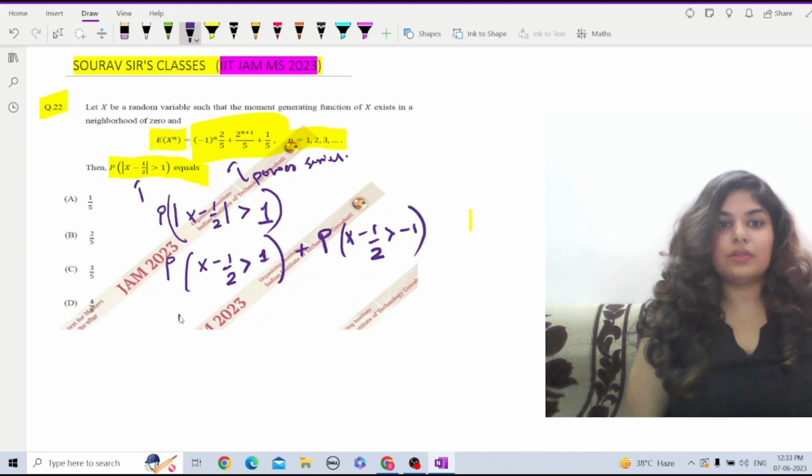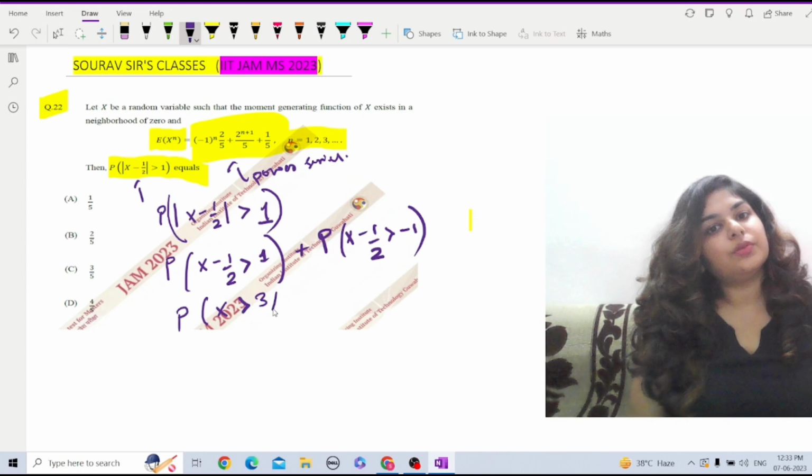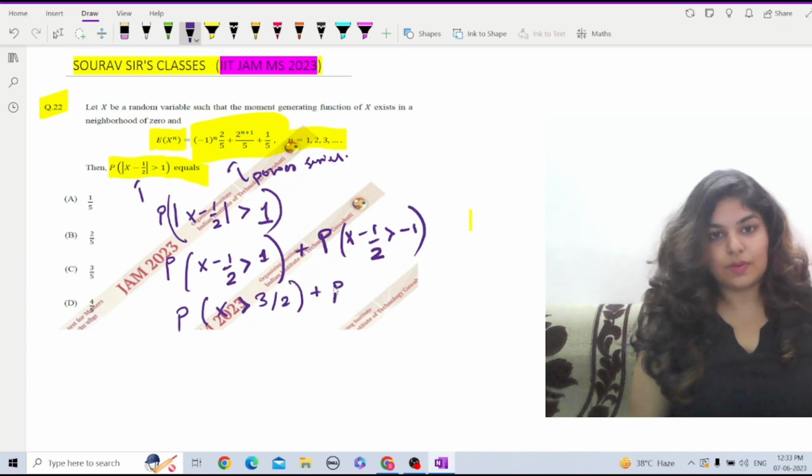Correct? So this can be further calculated as the probability that X is greater than 3/2 plus the probability that X is less than minus 1/2.